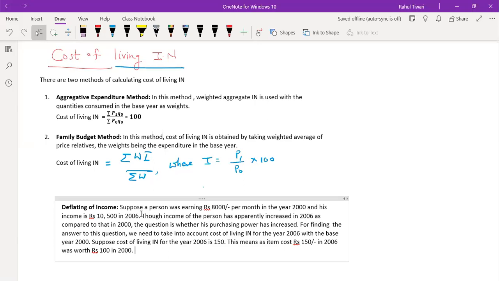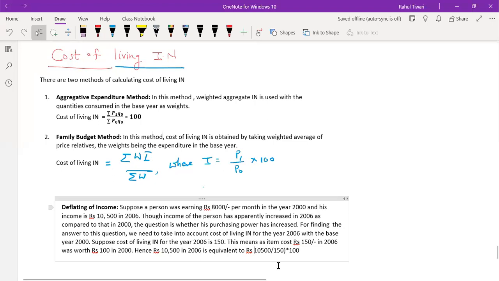And hence rupees 10,500 in 2006 is equivalent to rupees 10,500 divided by 150 into 100.